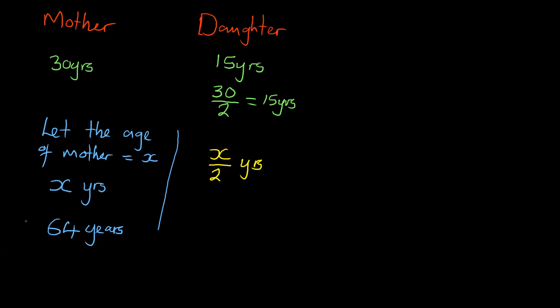So which means our X for mother here is equal to 64 years. Now the age of the daughter will be 64 divided by 2, which is equal to 32 years.